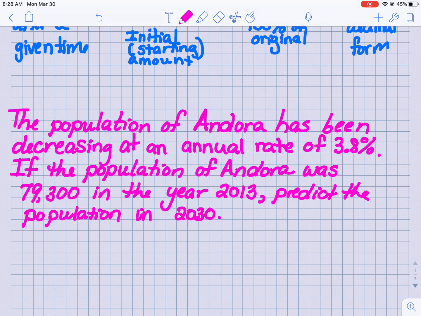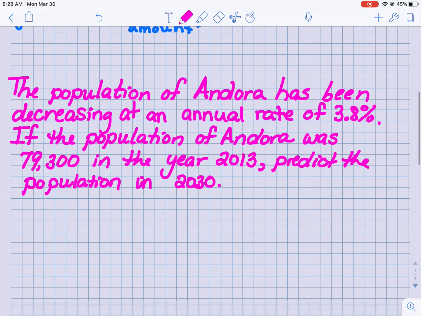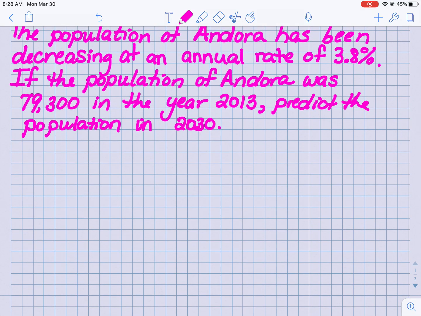Okay? We're just going to take that equation from above, and we're going to put in what we know. The first thing we know is that A is the initial population when we started looking at this. So that would be 79,300. Our rate is 3.8%. That is not in decimal form just because there's a decimal there.